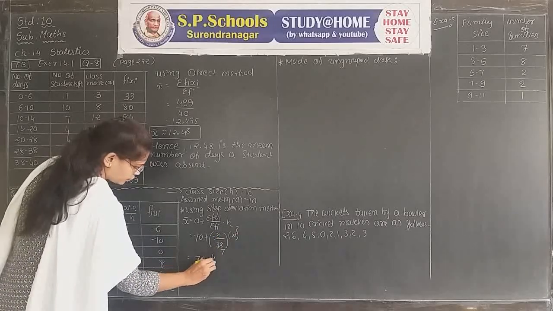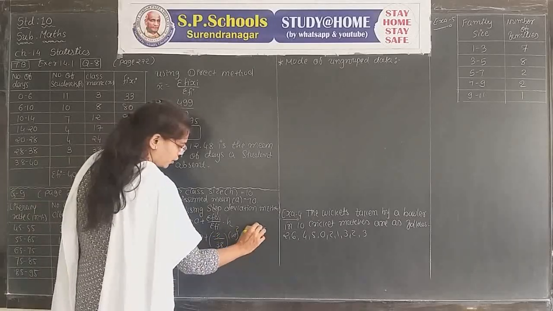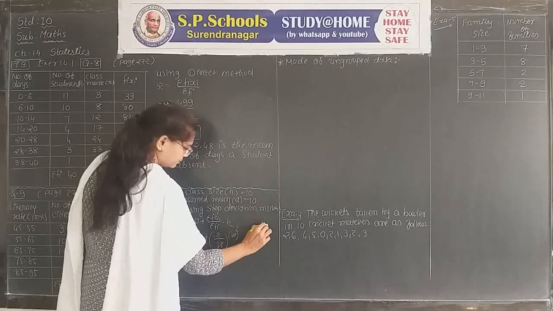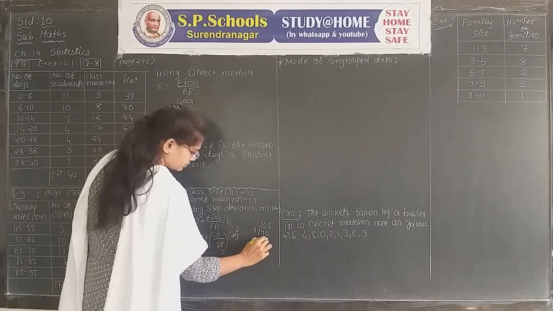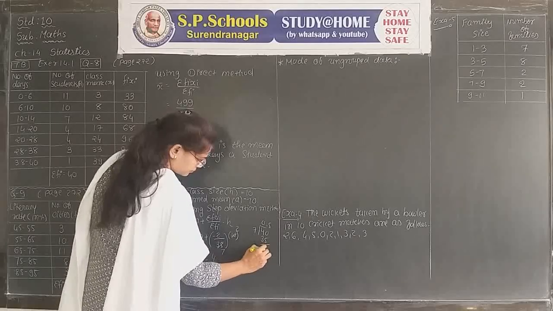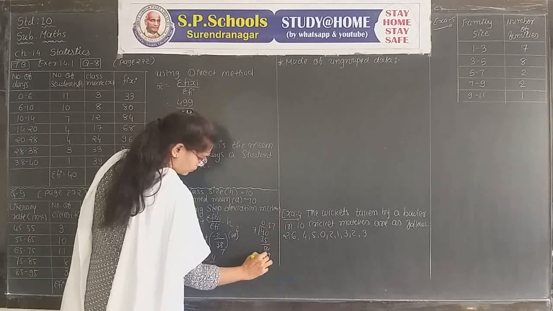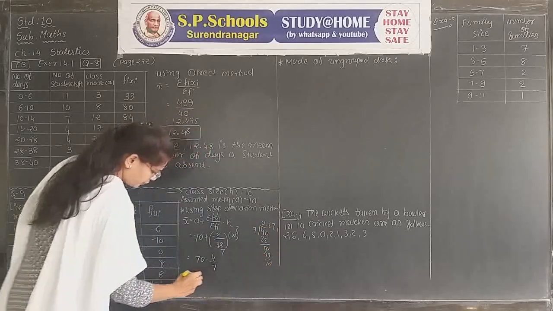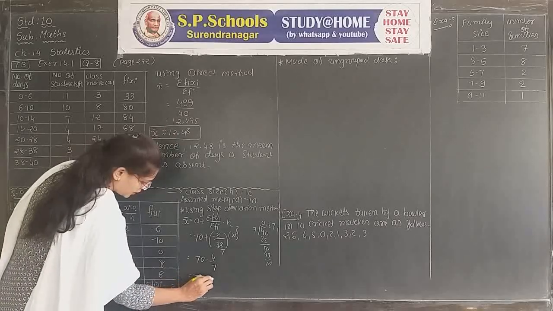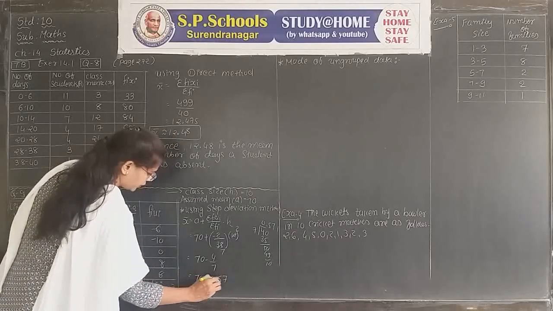5 sevens are 35 and 2 fives are 10, so 70 minus 4 upon 7. Now we divide 4 by 7. 0.57. 70 minus 0.57.